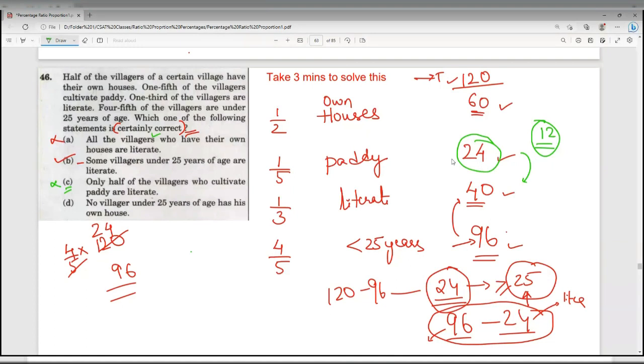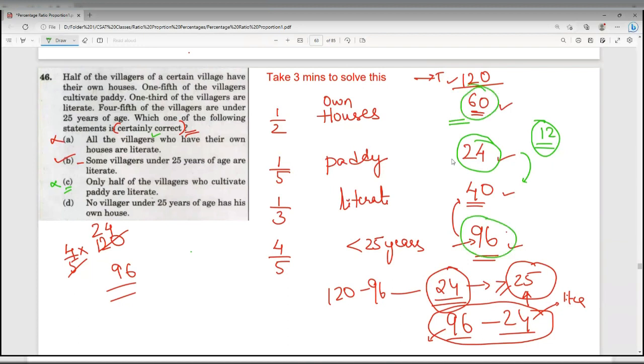We'll see the next option. No villagers under 25 years of age has his or her own house. So own house is 60, and under 25 is 96.